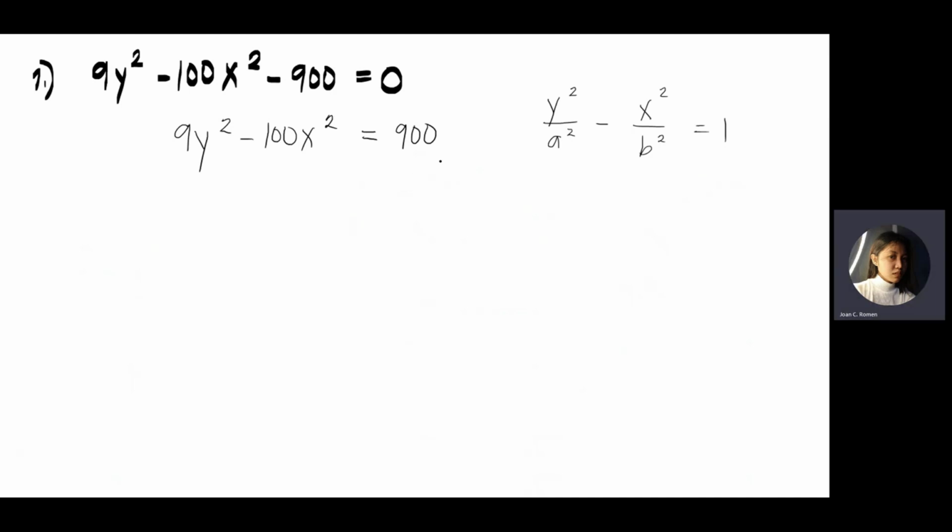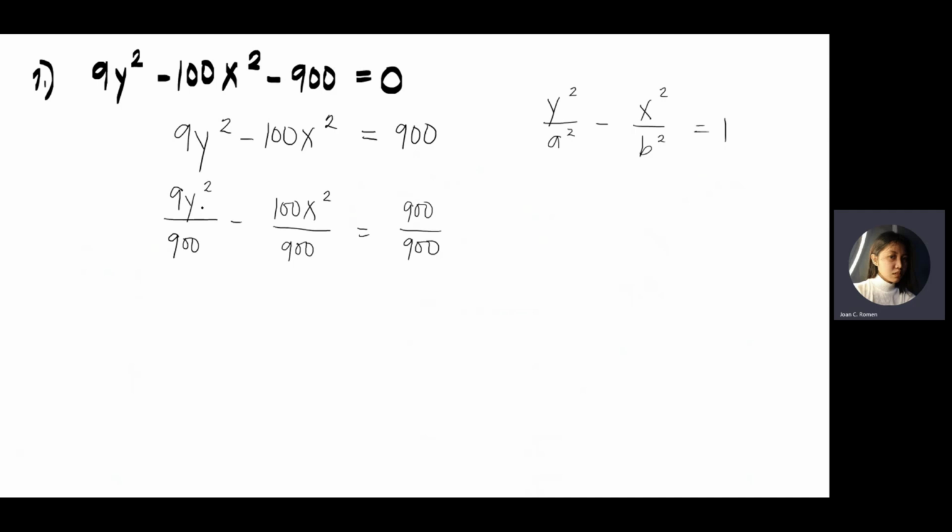Okay, so to make it 1, we have to divide the whole equation by 900. Again, kailangan nating i-divide yung buong equation sa 900 para yung number sa right-hand side will become 1. So 900 divided by 900. And after that, just simplify.